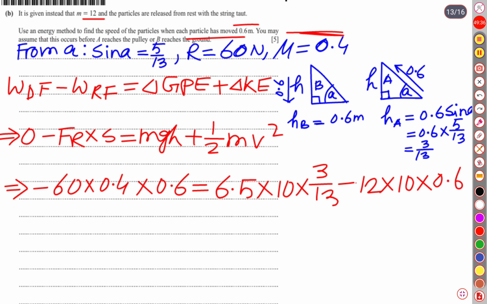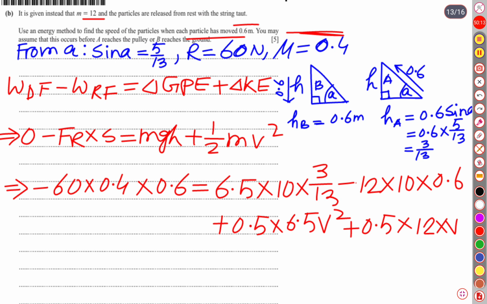Plus the change in kinetic energy: half of the mass of particle A, 6.5, and the final velocity is to be obtained. So v squared, since the initial velocity was 0 because the particles were released from rest, plus 0.5 and the mass of particle B, 12 kg, with initial velocity 0 and final velocity v squared.